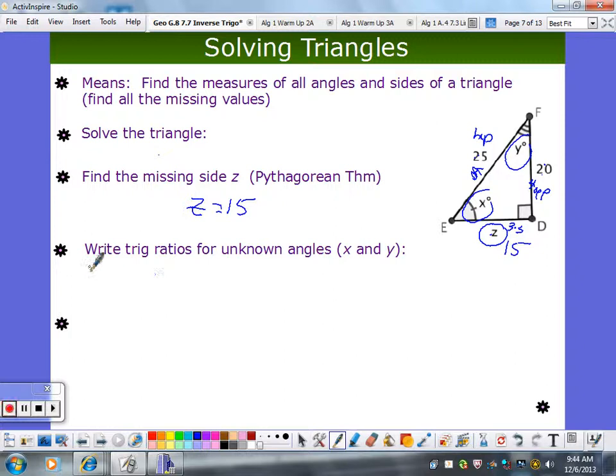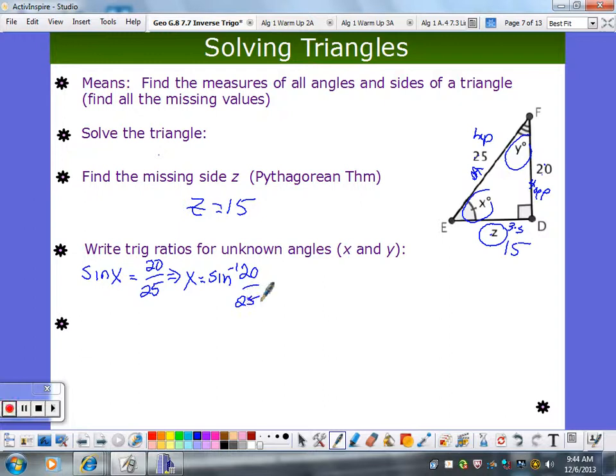So what can I say about sine? Sine x equals the opposite, which is 20, over the hypotenuse. So I know what the sine is, but I don't know what the angle is. What do I do? How do I rewrite this so that I have x equals? x equals sine inverse, yep, of 20 over 25.